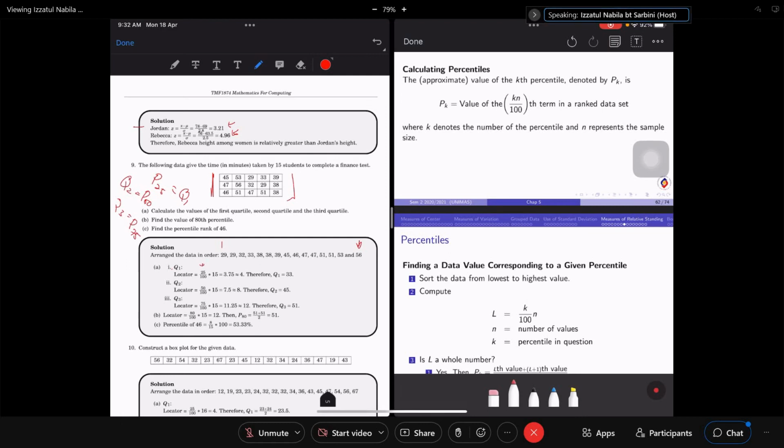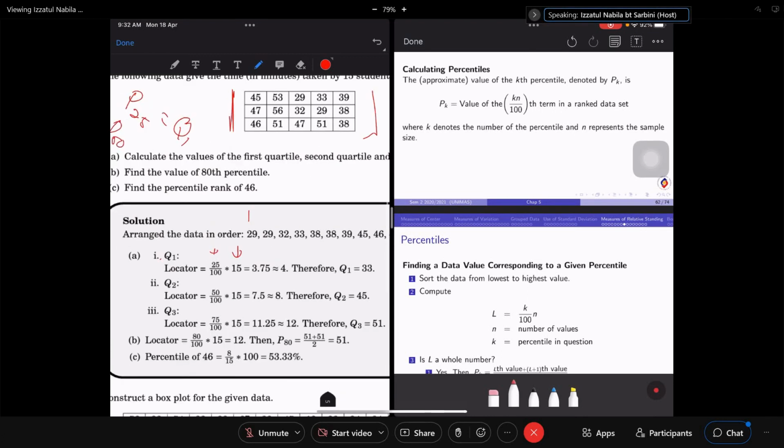This is the formula to locate the position: 25 over 100 times the number of data you have. In this case, it's 15. So 25 over 100 times 15 gives 3.75, which is a decimal.